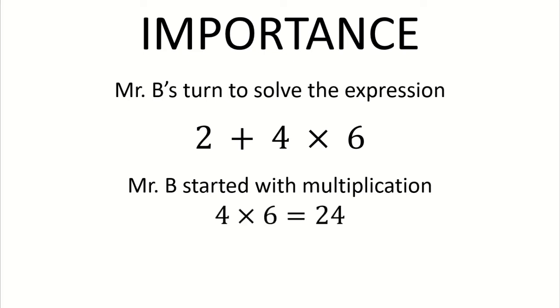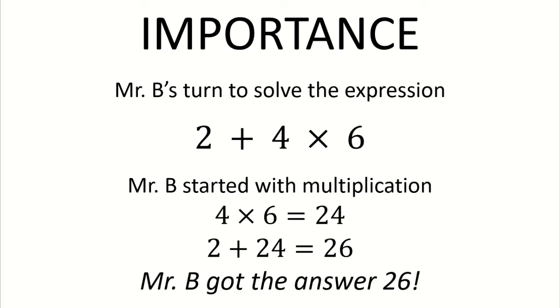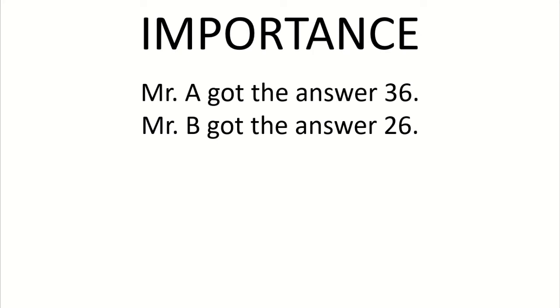So he first multiplied 4 and 6, which gave him 24. Then he added 2 to his current answer and that gave him a total of 26, which is completely different from the answer that Mr. A got, which is 36.